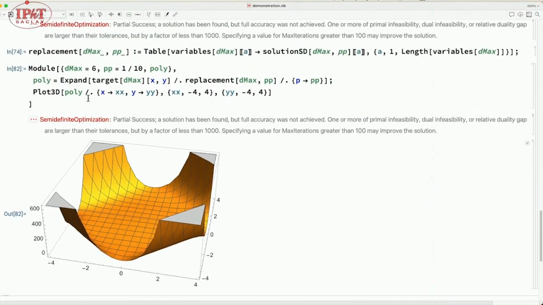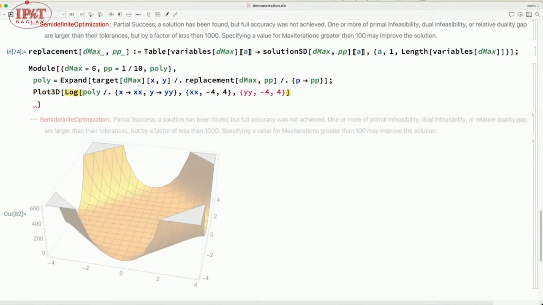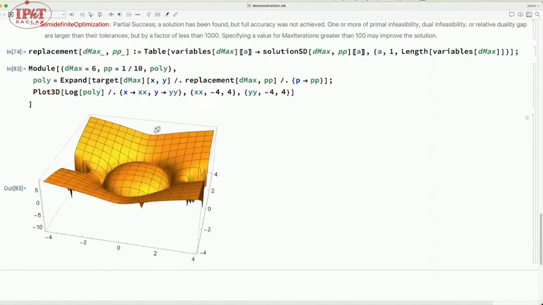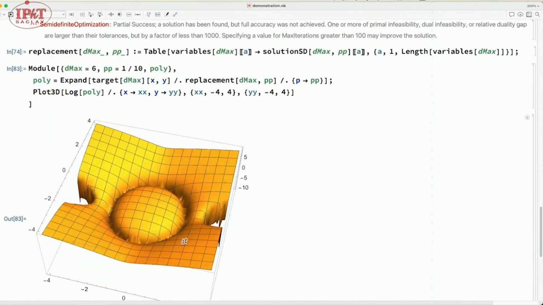This is a polynomial of high degree, so it's a bit hard to see the precise structure of zeros from it. But one workaround is to take a logarithm. The logarithm is going to kill large growth. The logarithm is infinity when the polynomial tends to 0, and otherwise it's some small number. So it's a good idea to take a logarithm if you want to detect zeros, and it's looking pretty good.